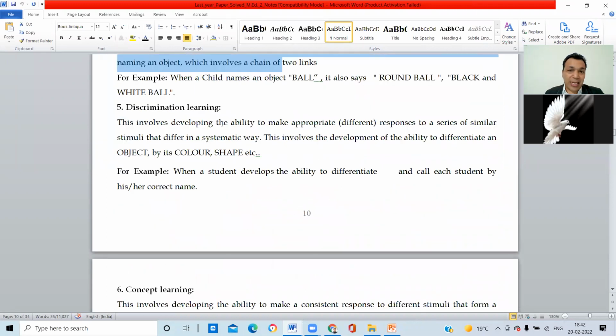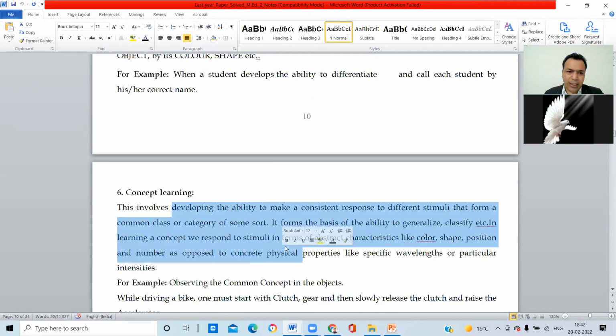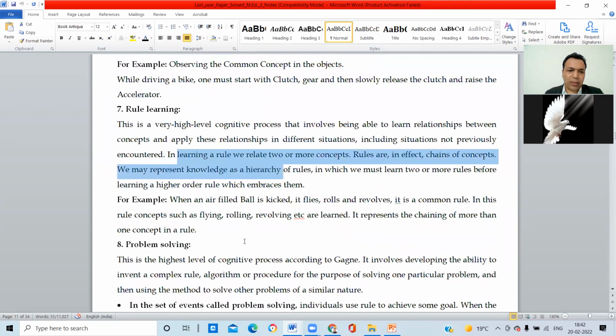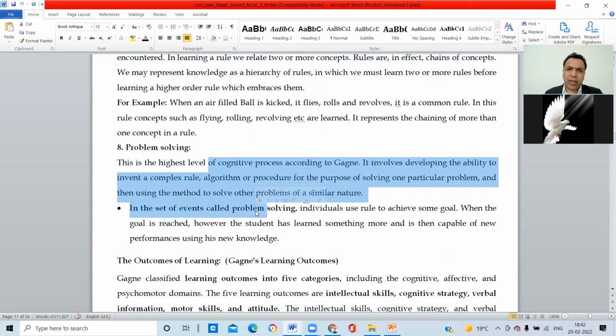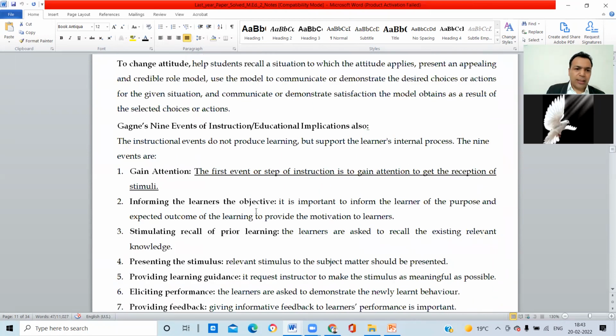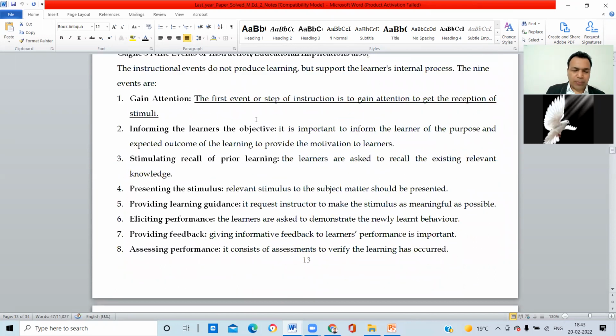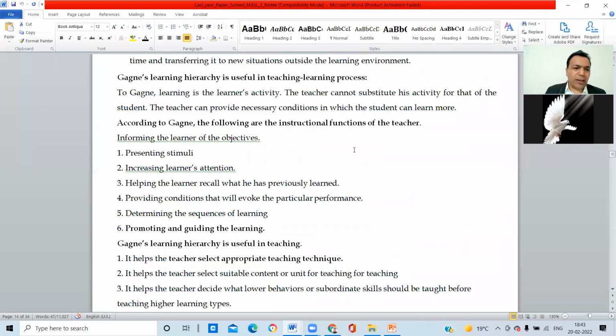After that, the next four, higher order types of learning: discrimination learning, concept learning, then rule learning, then problem solving learning. You have to define each type of learning under this topic, Gagne's hierarchy of learning. Then you can also give educational implications. It is a simple one. You can read from here.